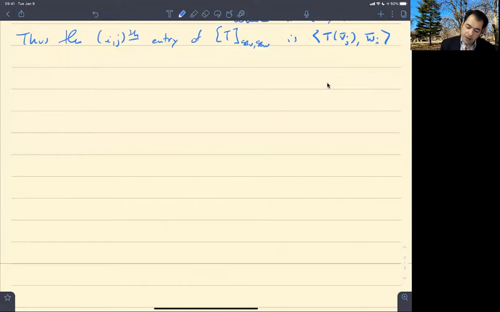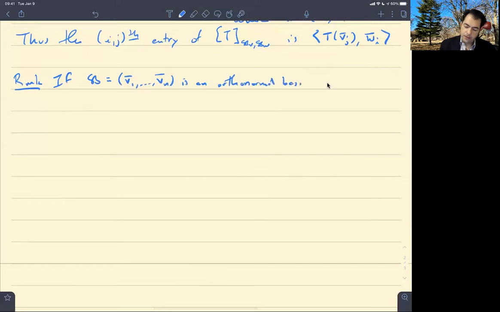Okay, another thing that becomes simpler with orthonormal bases is the inner product itself, right? So let's say that I have an orthonormal basis and then I have a couple of vectors inside the vector space. Let's see how we can express the inner product of u and w using this basis, right?